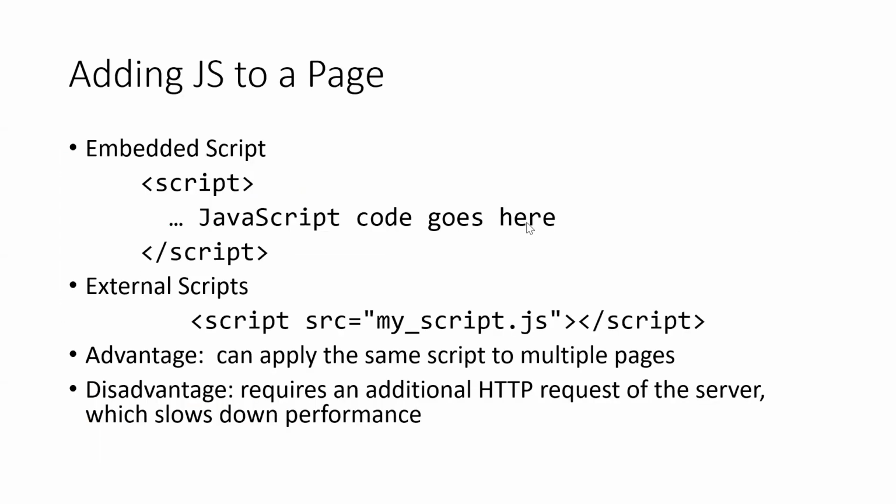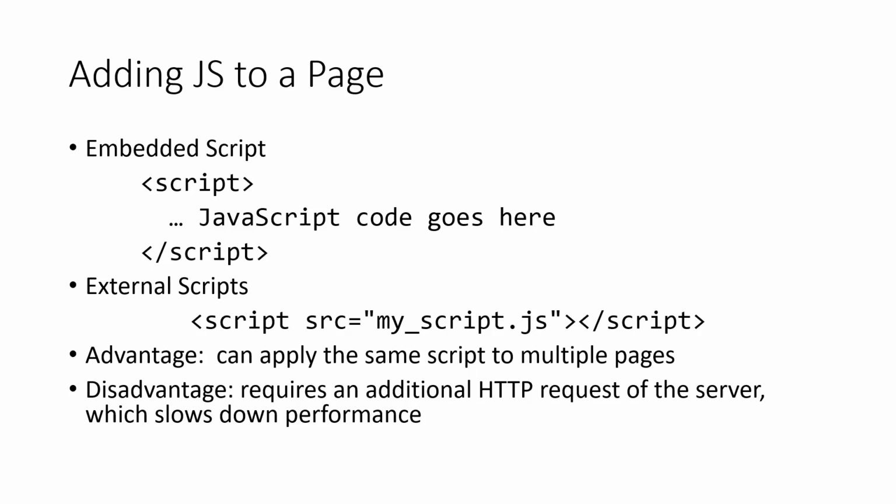The very first thing that we discussed last time is how we can add JavaScript to a page. Simply, you can use script elements. Within the script elements, you can have the JavaScript code, which we normally call embedded script. Or you can have a separate file where you save the file with a JS extension, and then you can call the script using script source, my script, JavaScript, and so on.